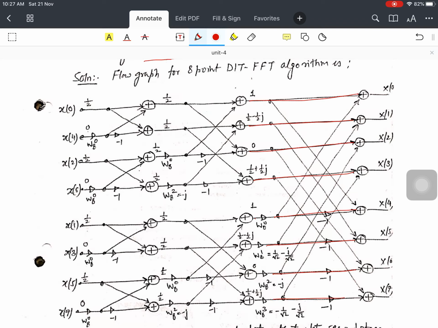Now start with the fifth one to merge at this point: x0 with x4, x1 with x5, x2 with x6 and x3 with x7.